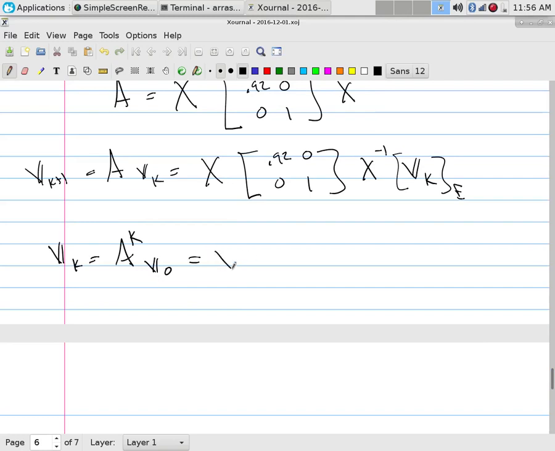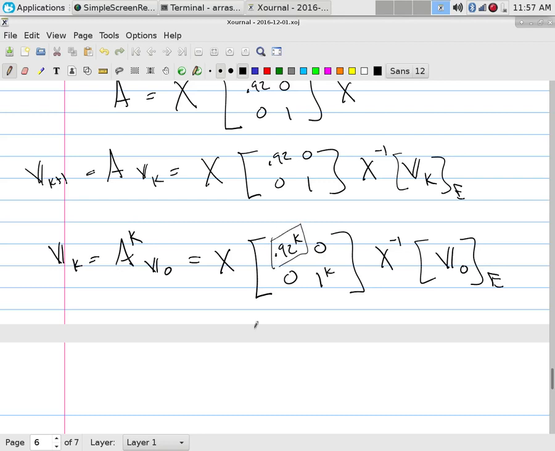But that would tell me that this is simply x times, I know how this works, it's 0.92 to the kth power, 0, 0, 1 to the kth power, x inverse times the initial thing in standard coordinates. As k gets larger, what's that? Which means it's going to, what's that? It's 1.